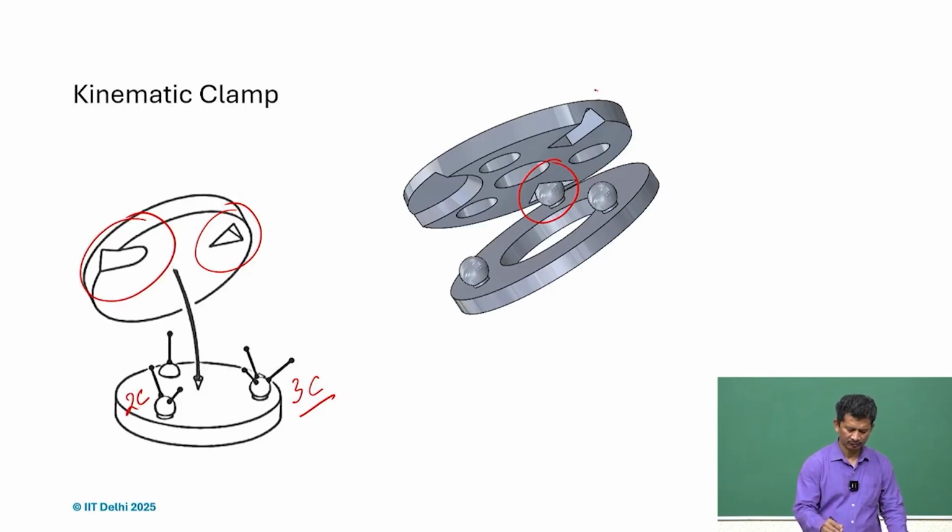Here the ball comes in contact with the V groove, and the third one is simply the flat surface coming in contact, giving one contact. So, 3 plus 2 plus 1, a total of 6 constraints. Exactly defined, and that is what we refer to as Kelvin clamps.